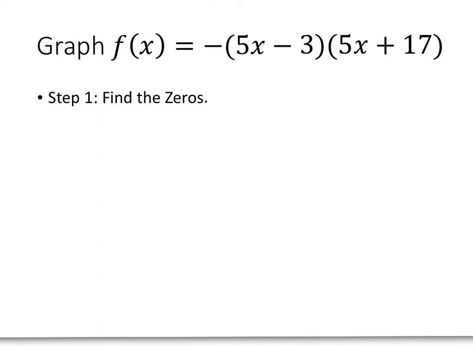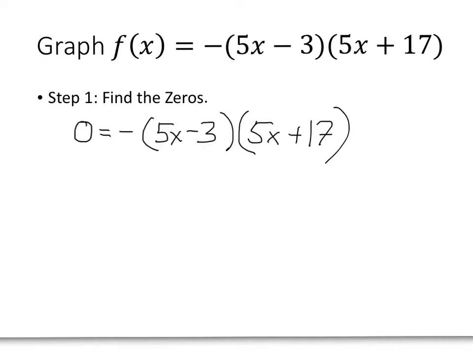The main reason we call this intercept or factored form is because it's factored, obviously, but also intercept form because it's really easy to find what the x-intercepts or zeros are.